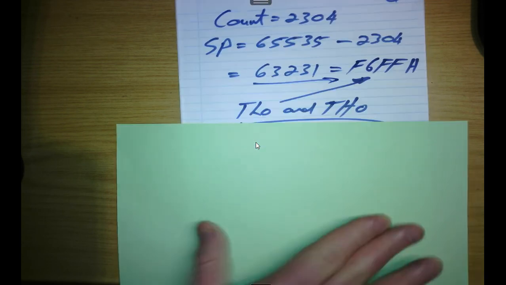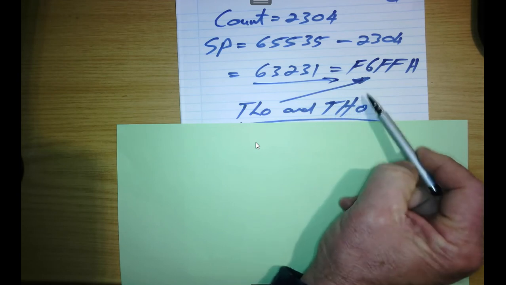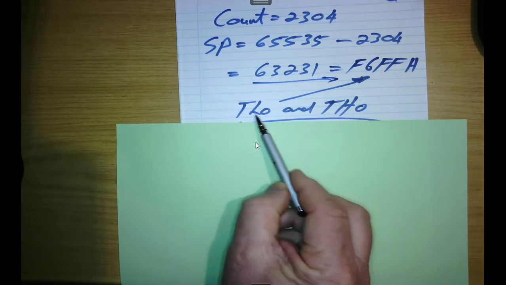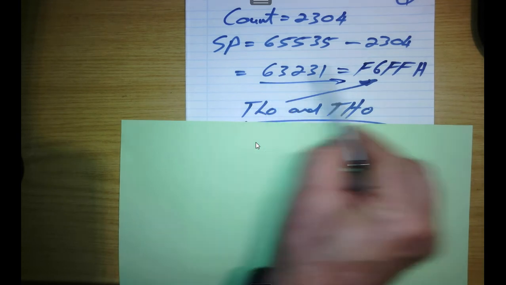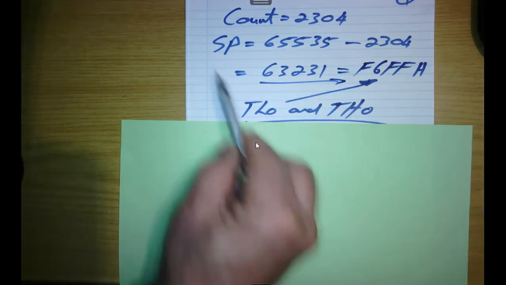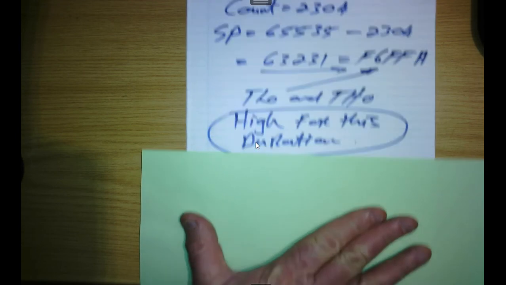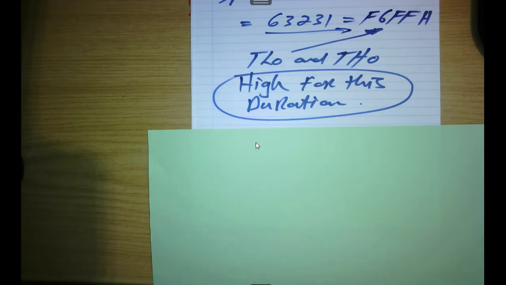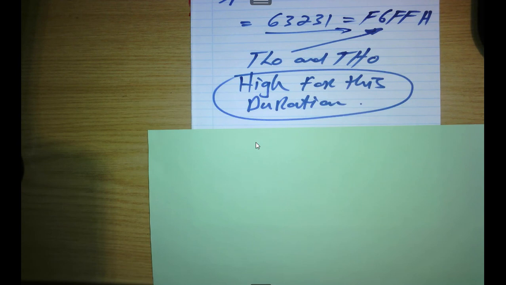And that means basically then that F6 will be placed in timer high 0, and FF will be placed in timer low 0. And that also means that your timer should be used in the 16-bit mode if I want to accomplish this. So this is the high time for this specific duty cycle, which is 25%.